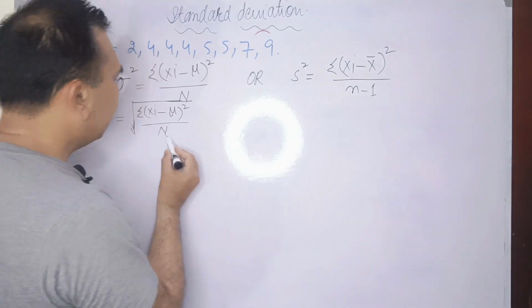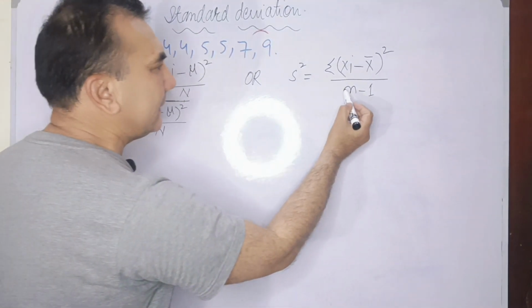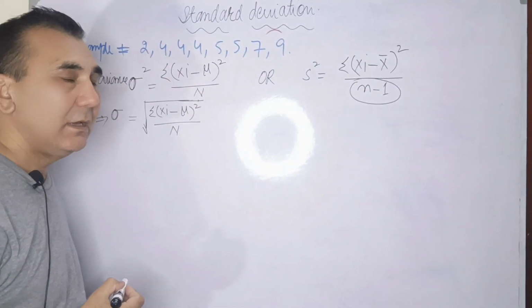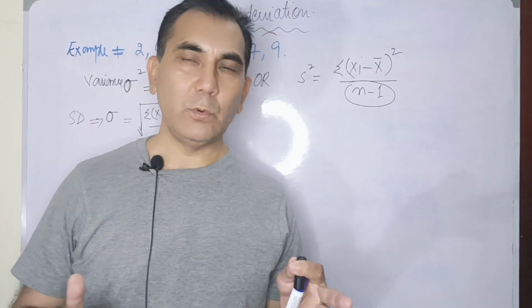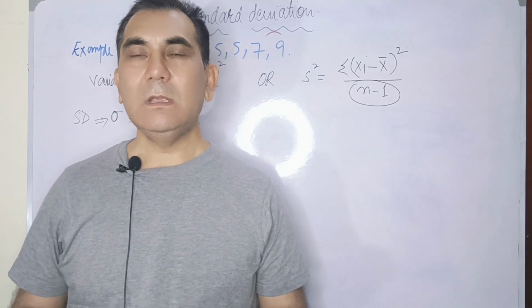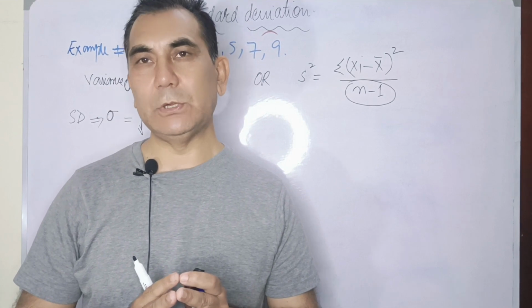Here, in place of the capital N, I write n minus 1. It means that if you calculate from any sample of the population, it will not give the exact or accurate estimation of that population.